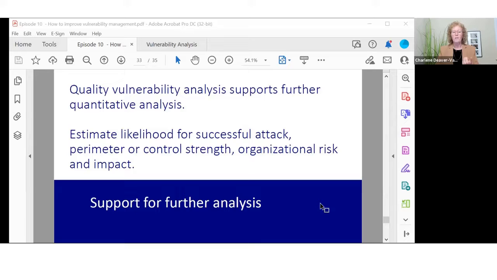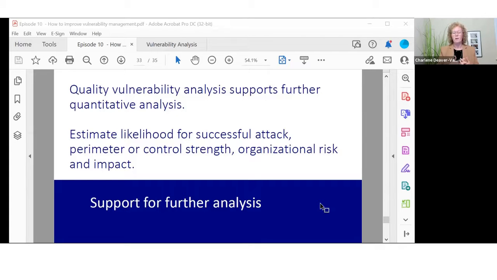So a quality vulnerability analysis supports further quantitative analysis. What I mean by that is what we're going to do in this analysis will become data for other quantitative analysis that you can do, because you are quantifying the vulnerability in your organization, right? And you've had this data. Most organizations, like I said, just don't look at it this way, because they're not doing the quantitative work.